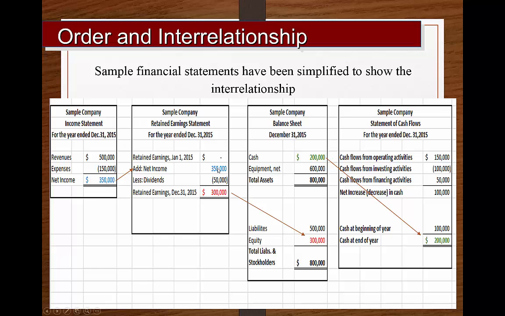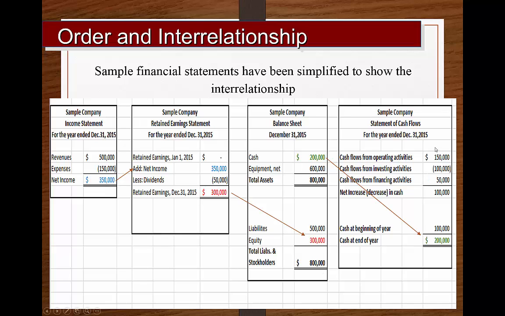That net income was then brought to the retained earnings statement, where we reconciled the changes in the equity balance during the period. We got to an ending retained earnings number, which we then needed in order to complete our balance sheet, which was solving for that 1 day only. What are the assets, liabilities, and equity that the company has?